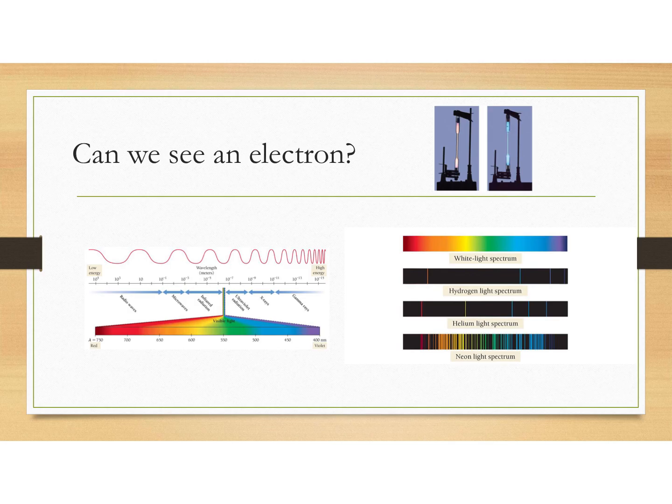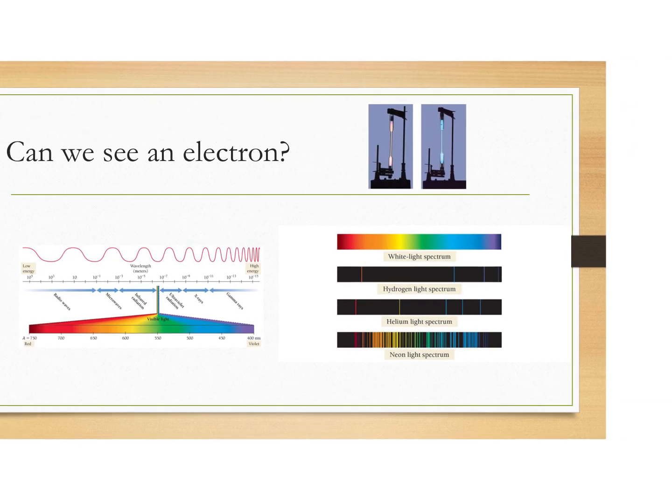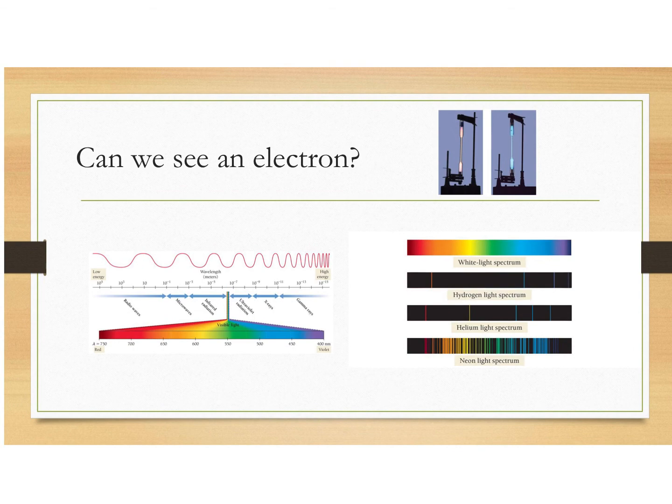No, we cannot. But the fascinating part about it is when we add electricity to an electron, it will actually move or vibrate at such a frequency that we are able to see different colored lights from it. If we look at the top spectrum here, we see the white light spectrum, the Roy G. Biv, all sorts of colors there.